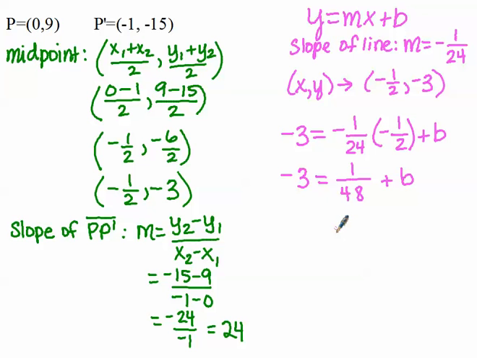We're going to subtract that 1/48 and get b equals, let's see, negative 3 is equal to how many 48ths? Well, 48 times 3 would be 120 plus 24, so 144. We're going to subtract 1 from that and get negative 145 over 48.